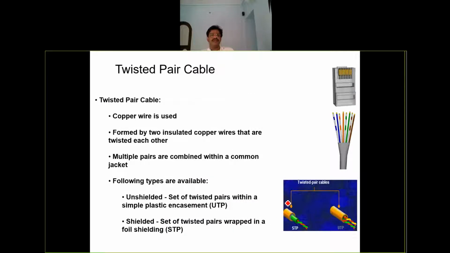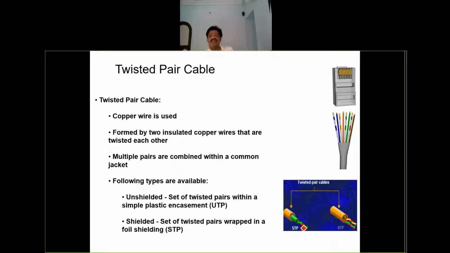This is a typical configuration of a twisted pair cable. In the twisted pair cable, copper wire is utilized. It is a shielded twisted pair. The two conductors are shielded by a dielectric or plastic material, and a suitable polyurethane material is utilized to provide support to these two conductors.